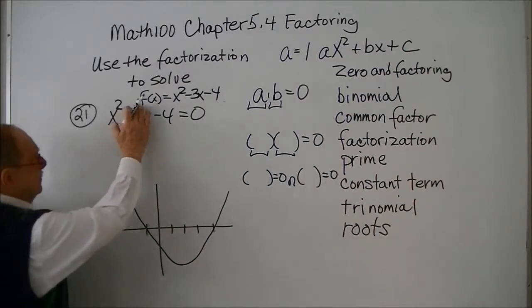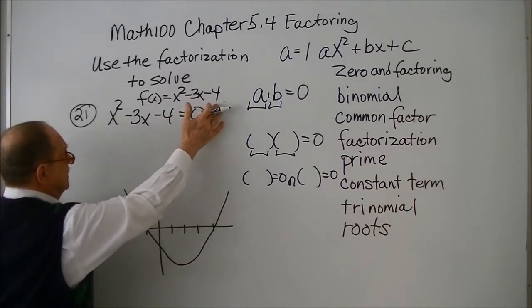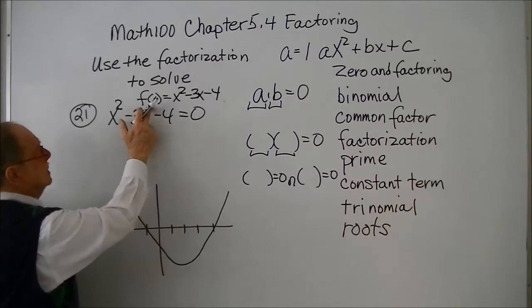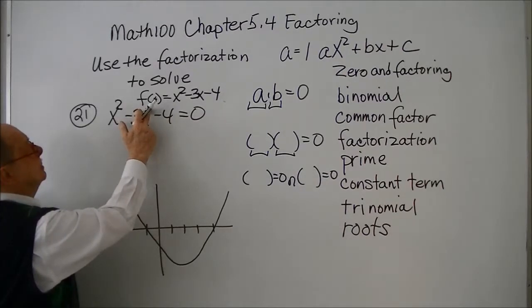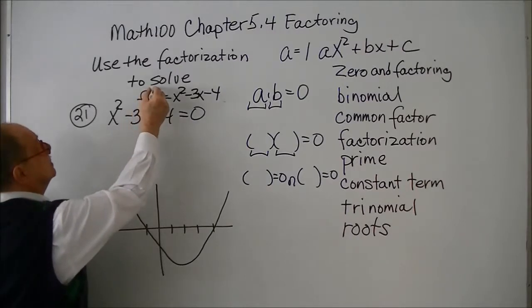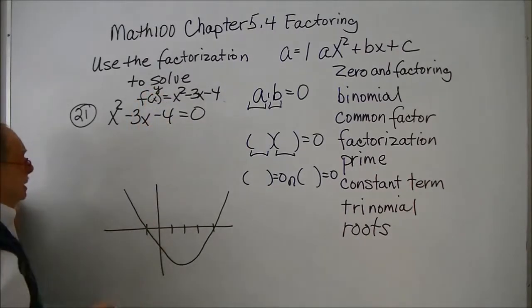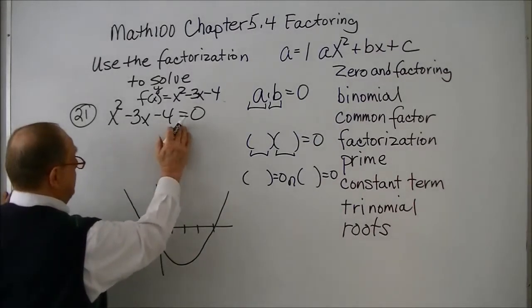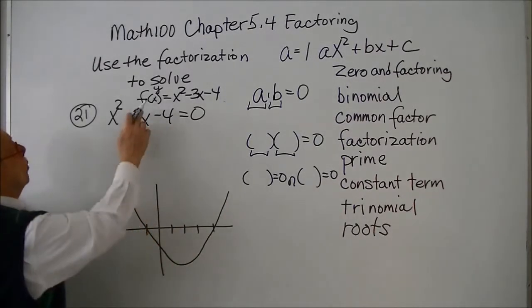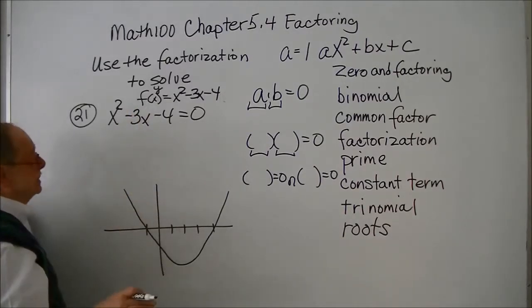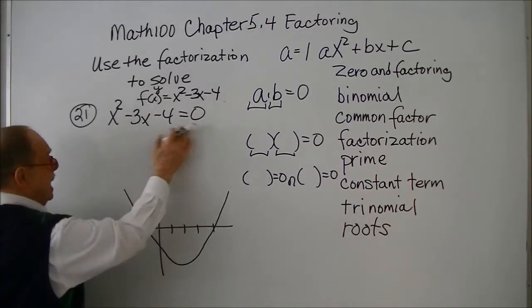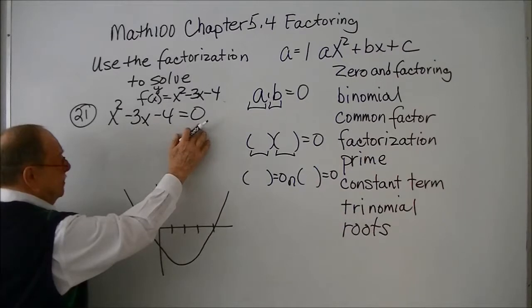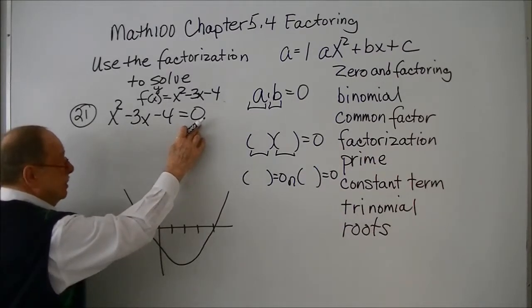And this would be in function notation. And what did we say we could substitute for f of x? We said we could substitute the letter y. So we would have the equation in the sense that this equals y. And what are we saying y is when we have an equation written this way? Well, we're saying y is 0.